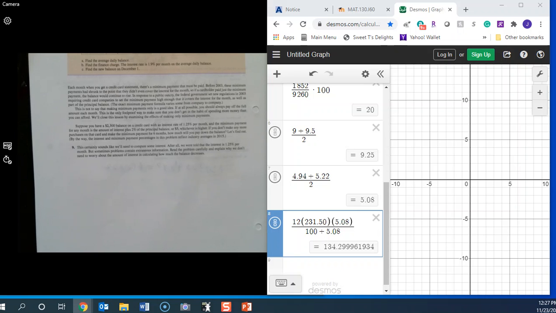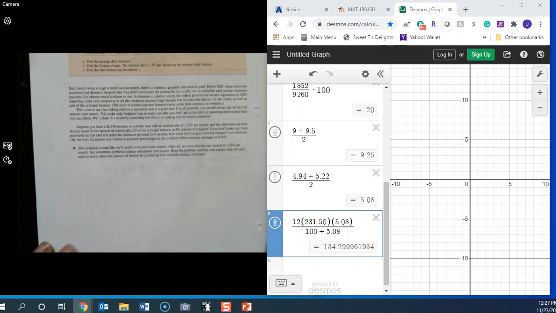This certainly sounds like we'll need to compute some interest. After all, we were told that the interest is 1.25% per month. But sometimes problems contain extraneous information. Read the problem carefully and explain why we don't need to worry about the amount of interest in calculating how much the balance decreases.